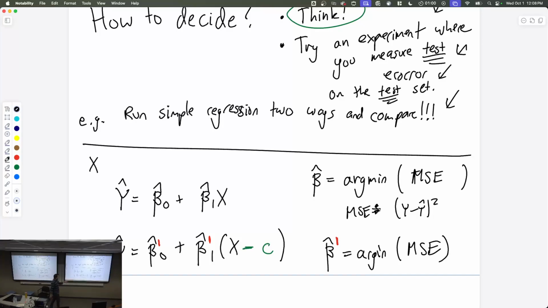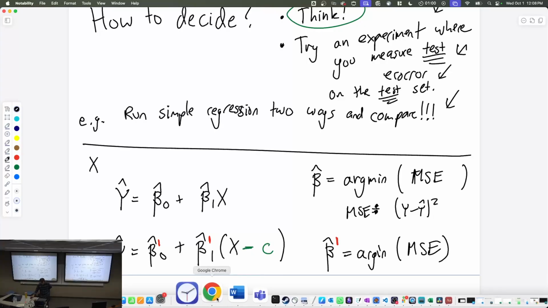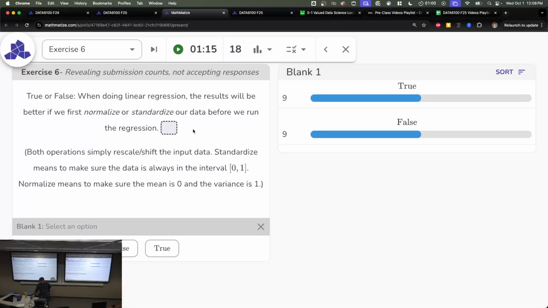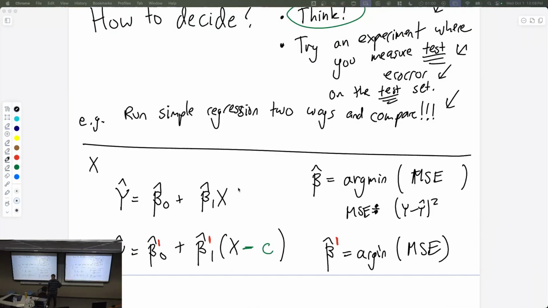So is the setup clear? This is what we've been doing. Now that you're looking at the equation, does anyone want to tell me what is going on with respect to this question? What happens when you add a constant, mathematically?